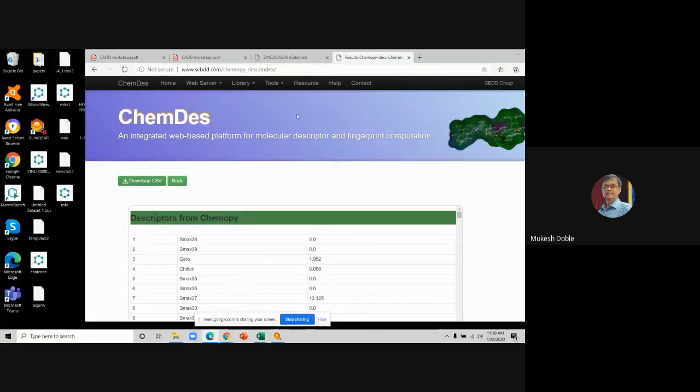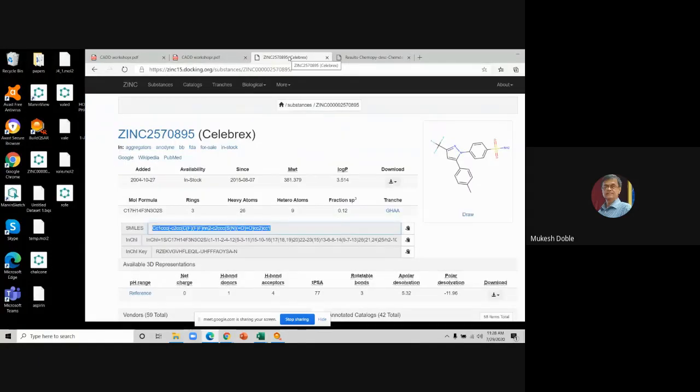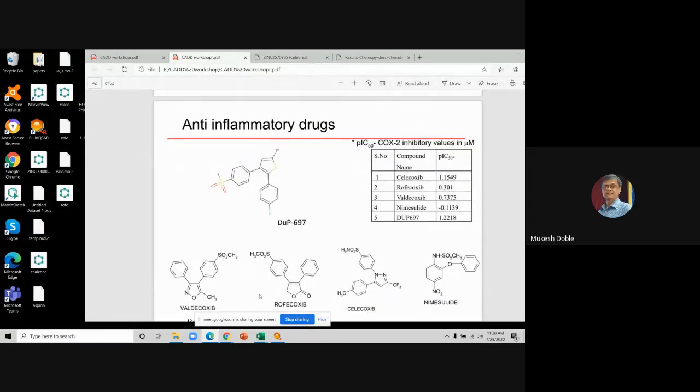Now I got them for Celebrex, or celecoxib. Similarly, I can get them for all of them, valdecoxib, DUP697, for example.